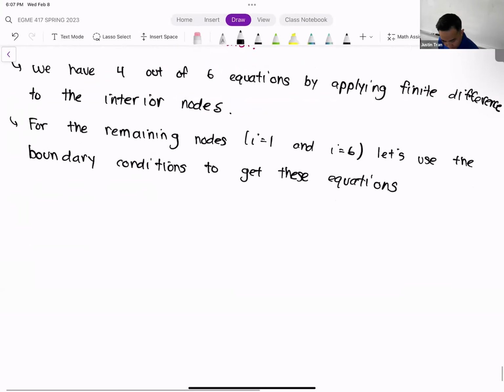Okay. So let me write down our two boundary conditions again, and then let's see how we can turn them into an actual equation.